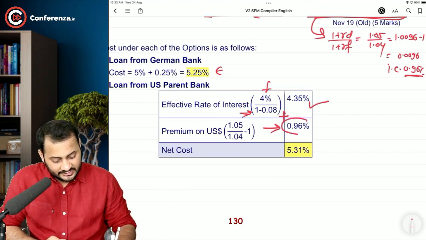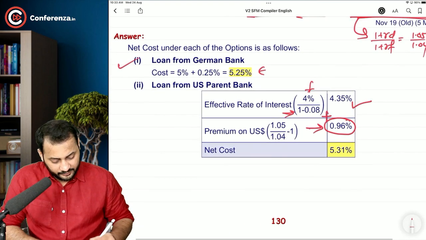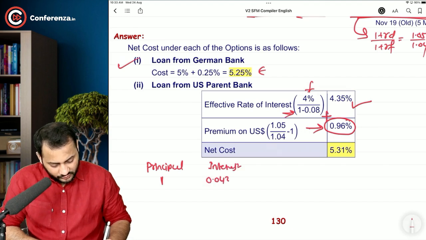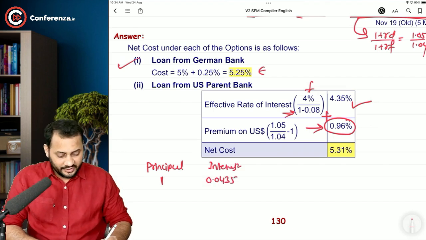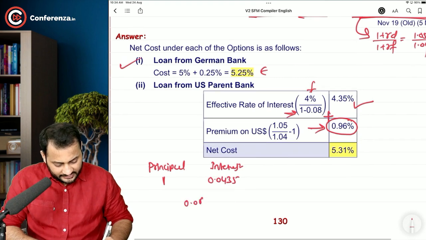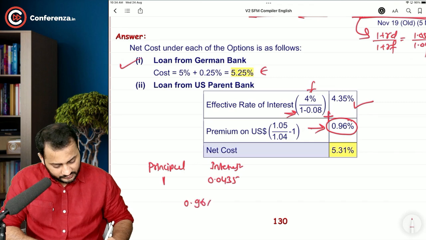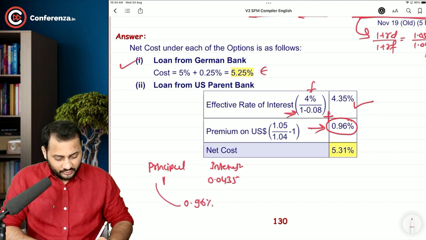See, this 0.96% impact was given only on the principal amount. So this is principal, let's say 1, and this is interest, which is 0.0435. What the institute has done is add 0.96% of the cost to this one only.